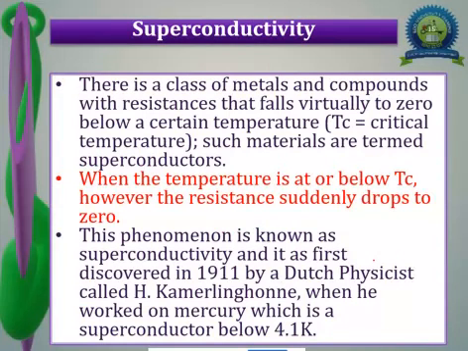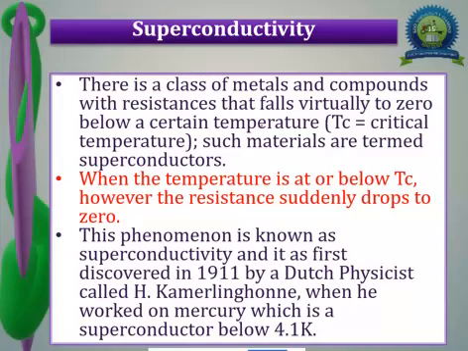Good. Let's quickly talk about superconductivity. There is a class of material that is referred to as superconductors. Superconductors are materials that tend to lose their resistivity or resistance. I repeat, superconductors are materials that tend to lose their resistance at extremely low temperature.